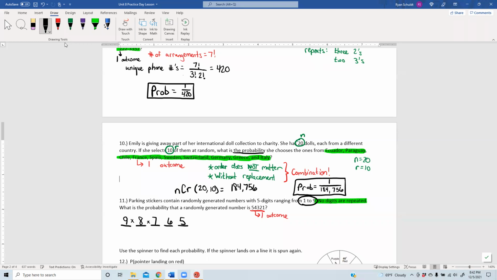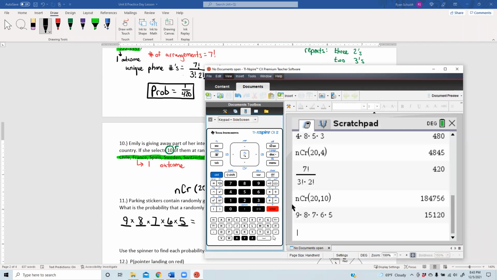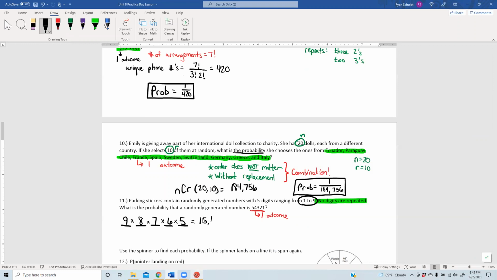Multiply those together. 15,120. That's how many different numbers.